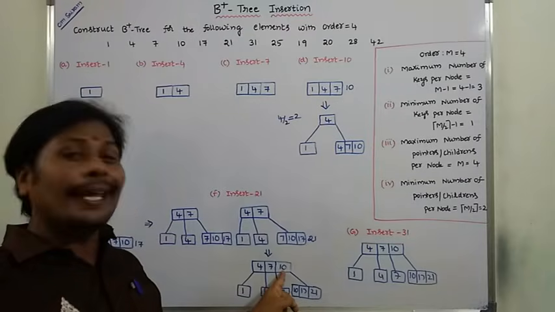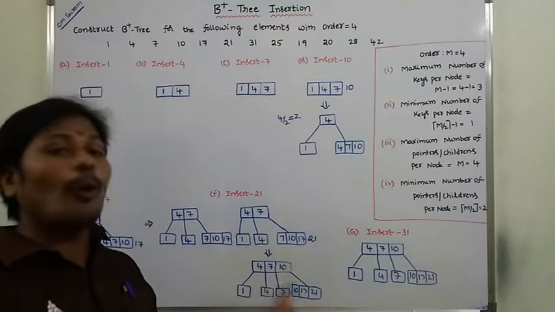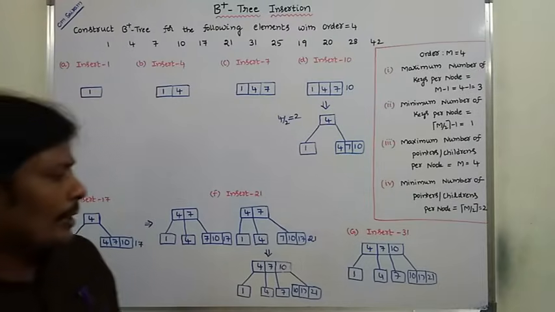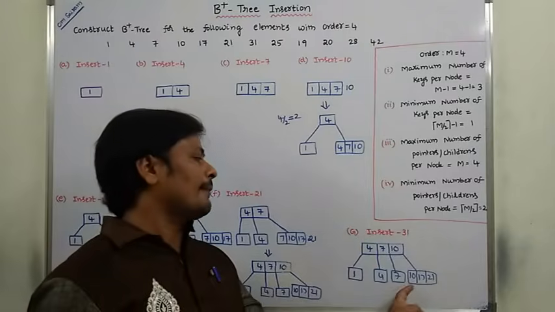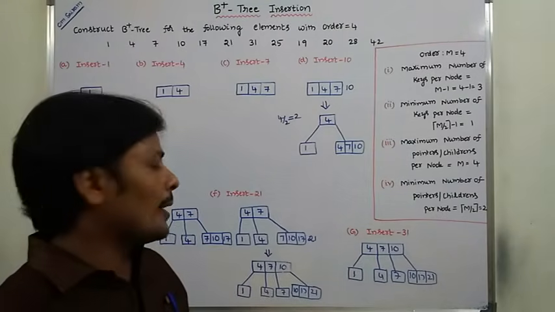These are the key elements, and the key elements point to the leaf nodes. Next, insert 31. Before inserting 31, this is the B plus tree we are getting.